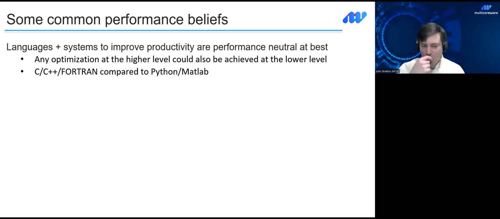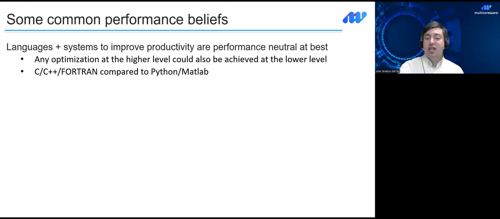So one common belief is that languages and systems to improve productivity are performance neutral at best. And there's a good justification and reasoning for this. The reasoning is, well, any optimization that you could do at the higher level could also be done at the lower level. Any optimization that you could do in C could be done in vector intrinsics or assembly.